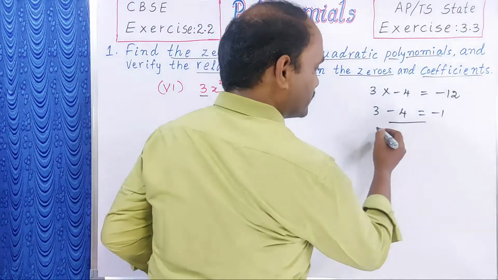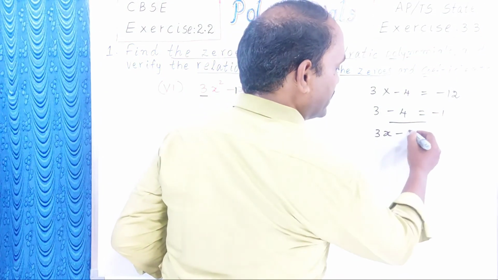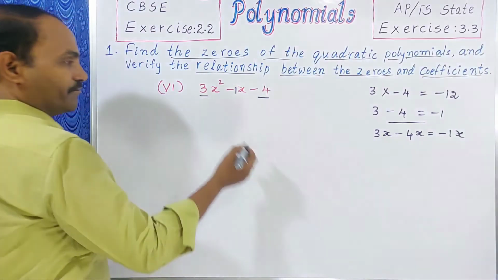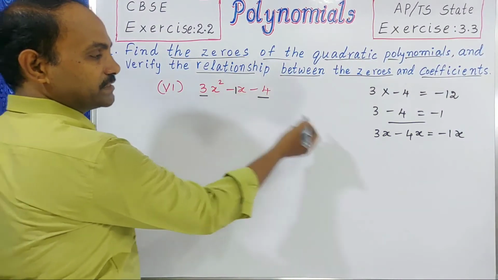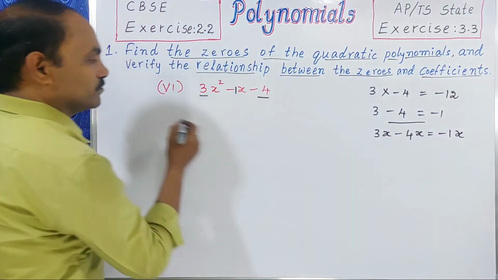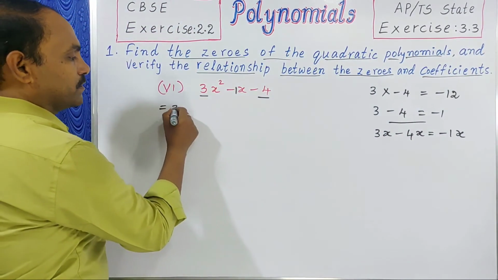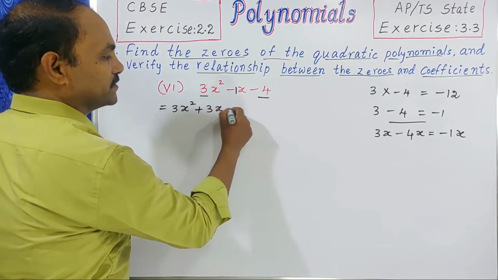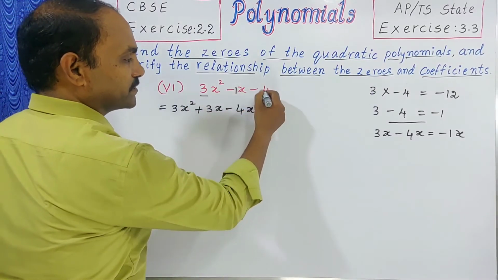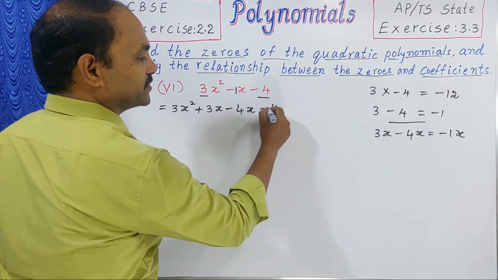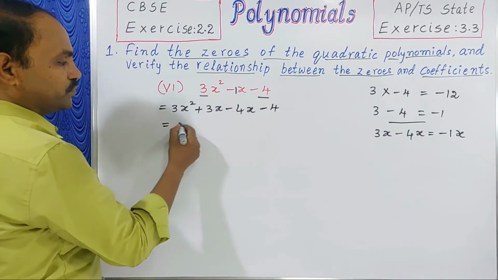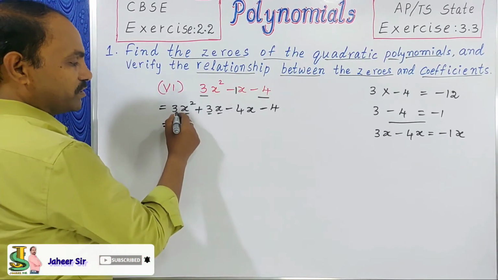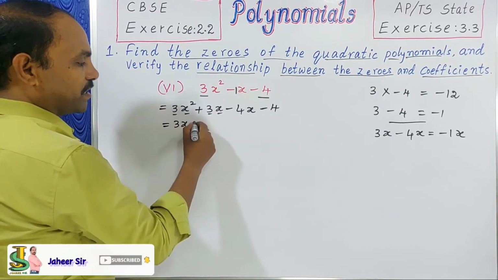That's why minus 1x can be written as 3x minus 4x, which is equal to minus 1x. So you should replace these two. 3x square plus 3x minus 4x, last term no change, minus 4. In the first two terms, 3 is common and x also common, so 3x common.